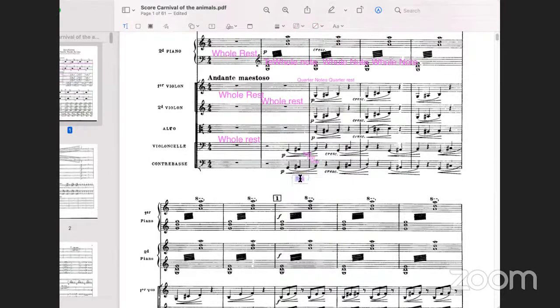Right here, so chord notes and chord rest. Let's just repeat over and over, so you just copy and paste.